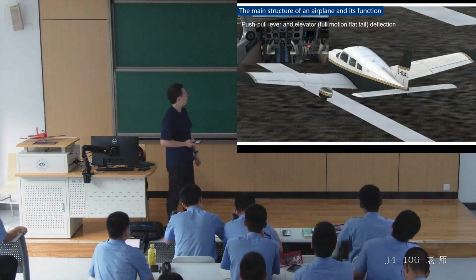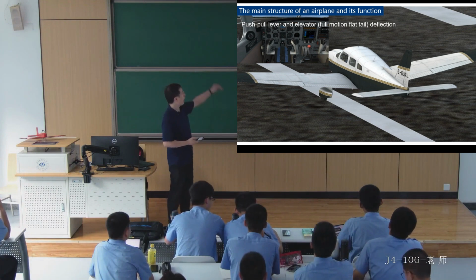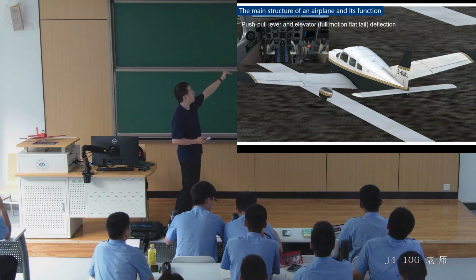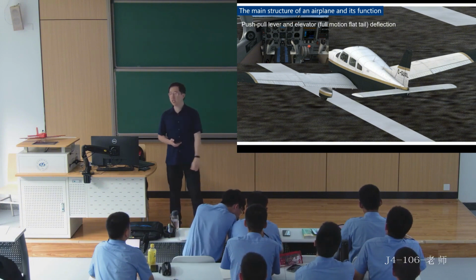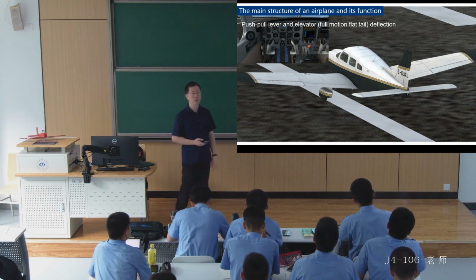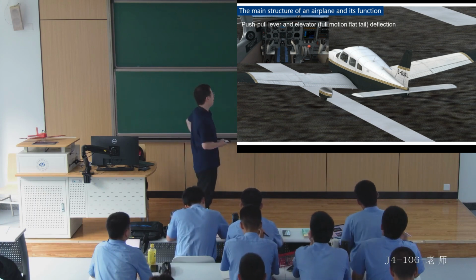So here, first of all, let's take a look at the relationship between our push-pull rod and the elevator, or rather, the fully movable horizontal stabilizer. This is something that often appears in final exams, and is frequently answered incorrectly, which can be quite frustrating.